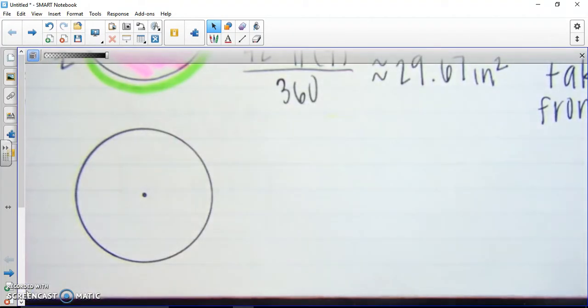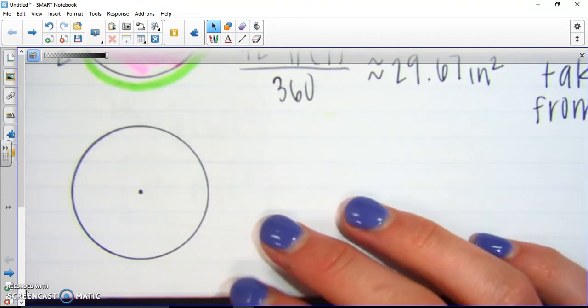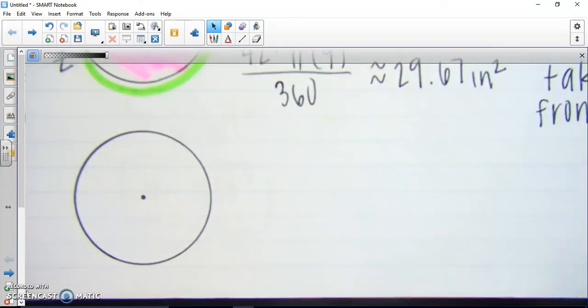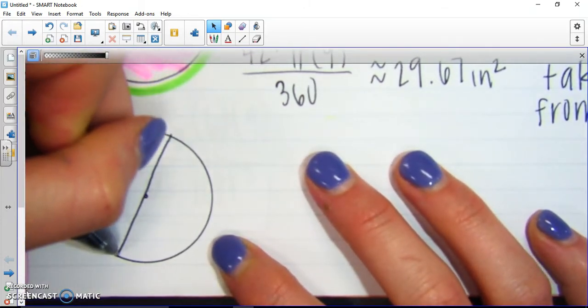All right, so the last example I want to show you is, we've so far just been looking at one sector from the circle, but what if you needed to find the area of multiple sectors of the circle? So for instance, let's say we have a diameter.